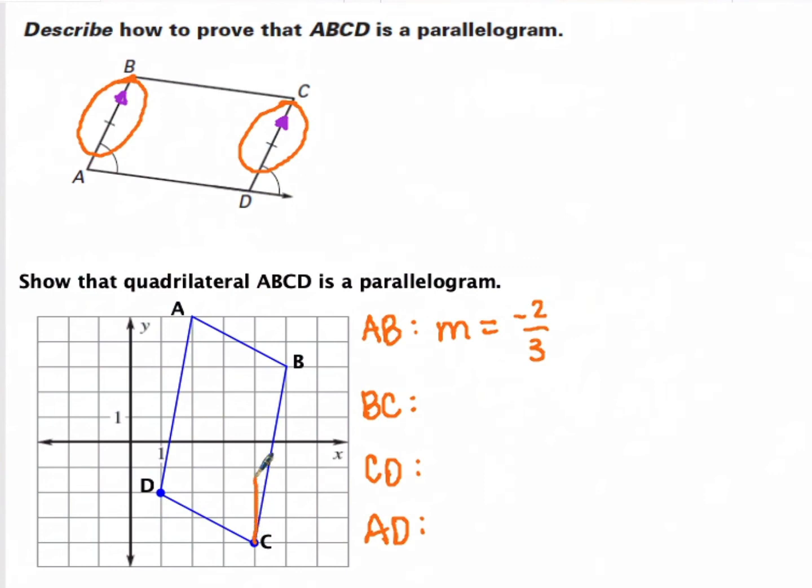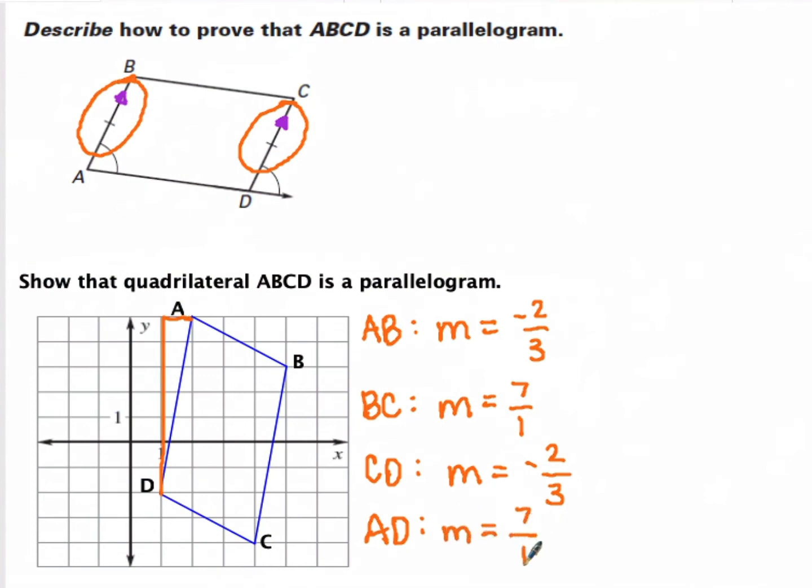BC, I guess I could go this way, up 7 over 1. For CD, I always like to start at that left point. I could go down 2 and right 3. And that fourth side, I could go up 7 over 1.